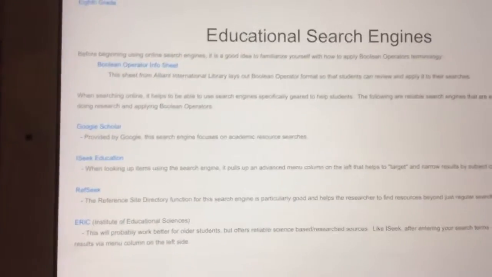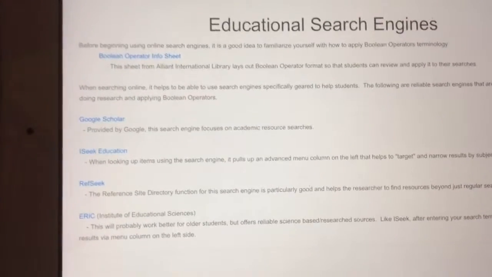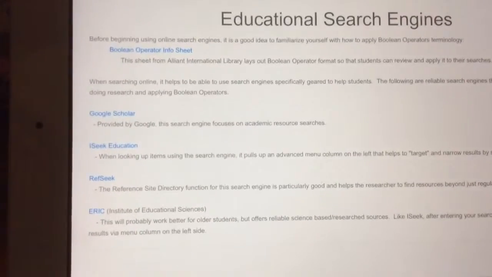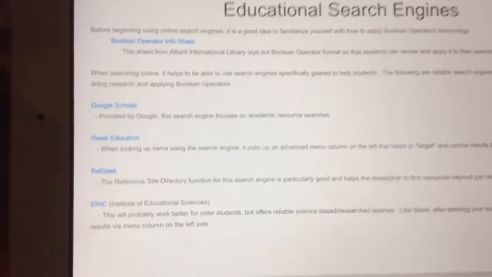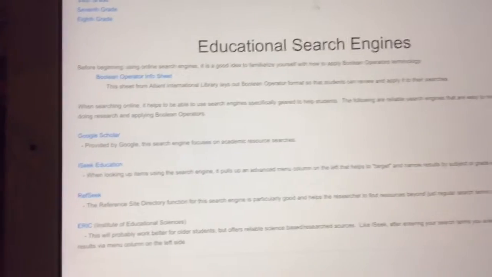It may not be 100% perfect for middle school, but for some advanced 8th graders, it might be helpful, particularly as a transition into 9th grade and 10th grade research. But Google Scholar, iSeek Education, and RefSeek are all pretty good and easy to navigate, particularly for middle school students.